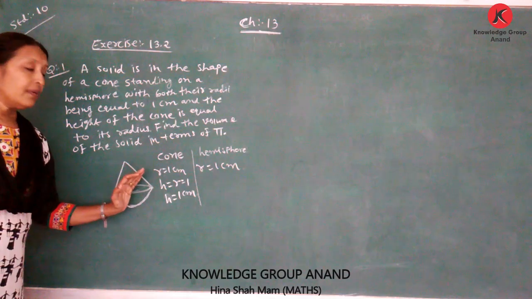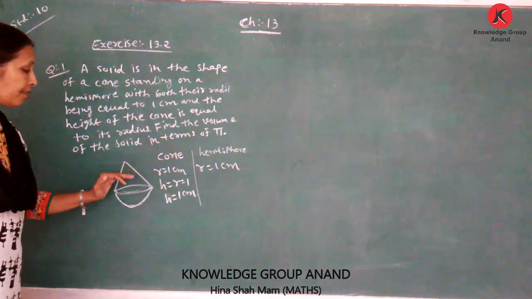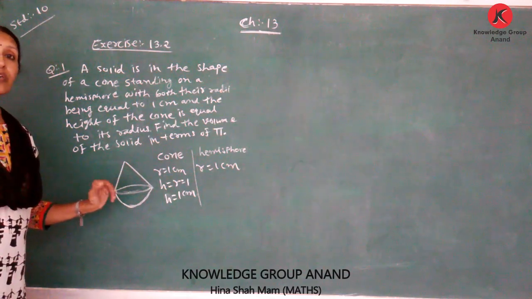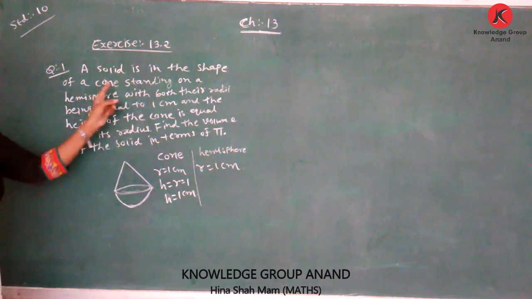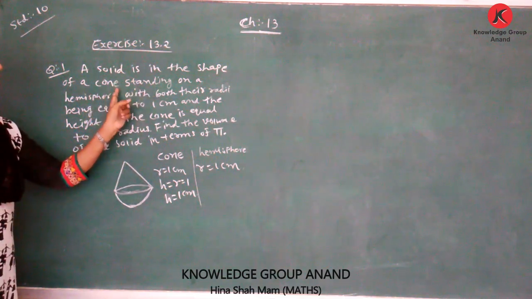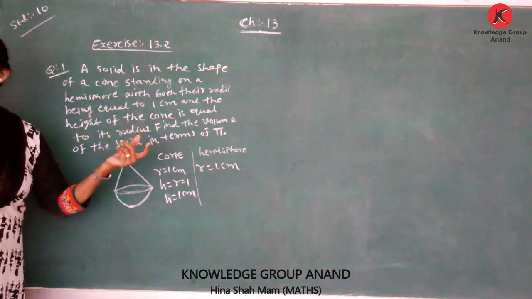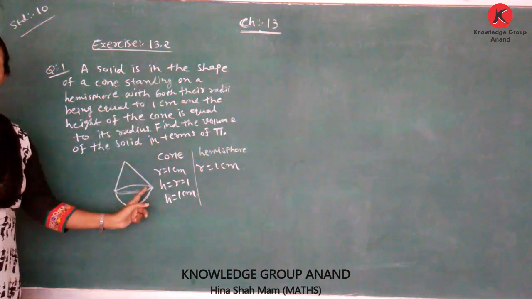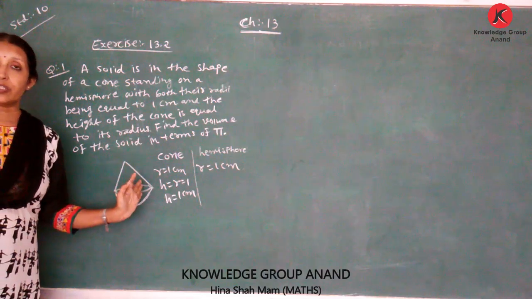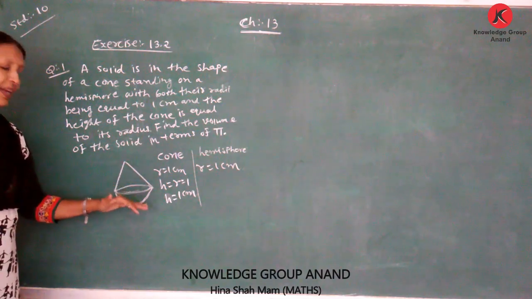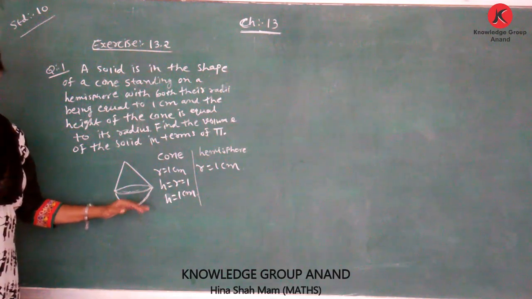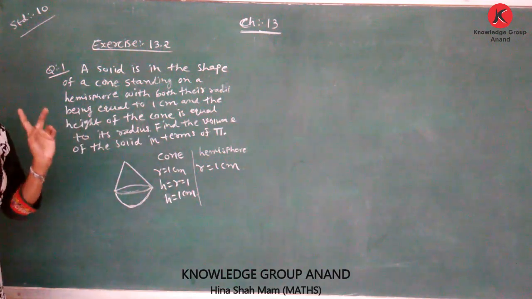Solid made by which two solids? Combination of which two solids? In question, shape of cone standing on a hemisphere. Therefore, we draw it like this, and it is combination of cone and hemisphere. Then find volume of solid.